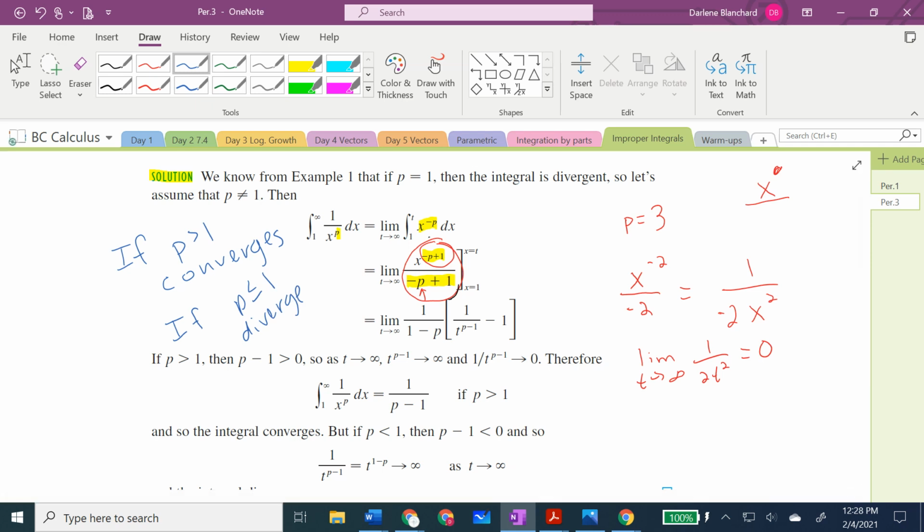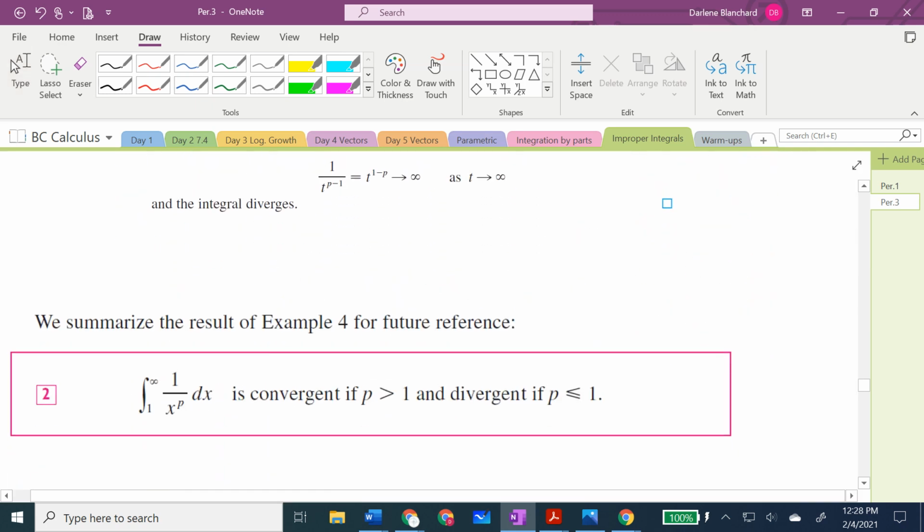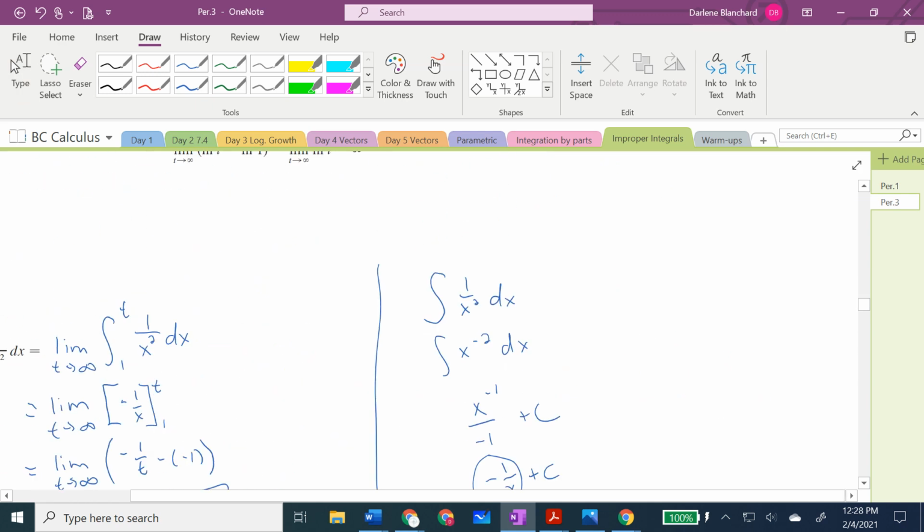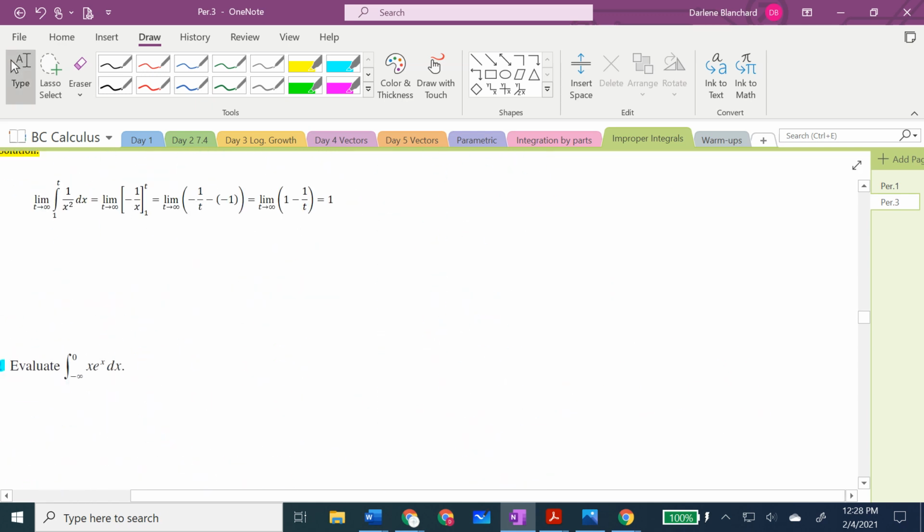Okay, now I'm going back to detailed examples. Oh, and I should probably just show you this. This is their second rule that they provided in the textbook. All right, going back up, and now it's just going to be one example after another.